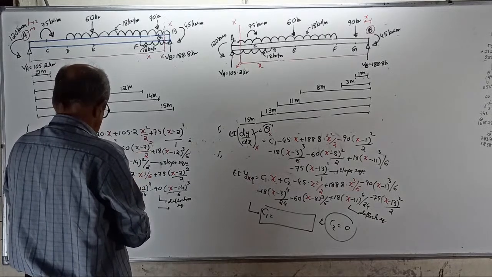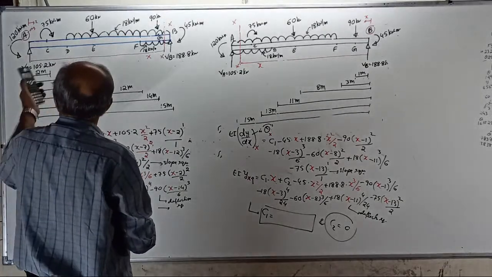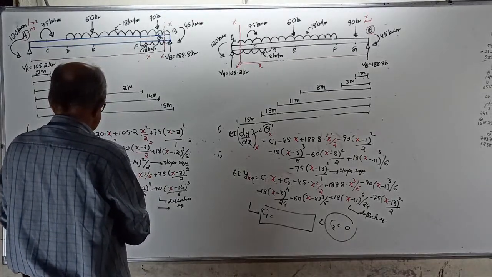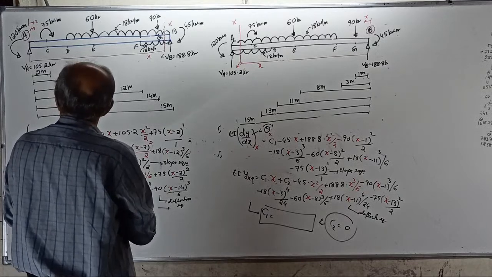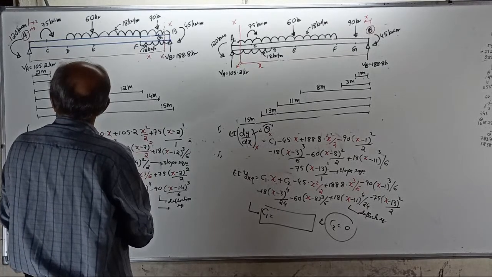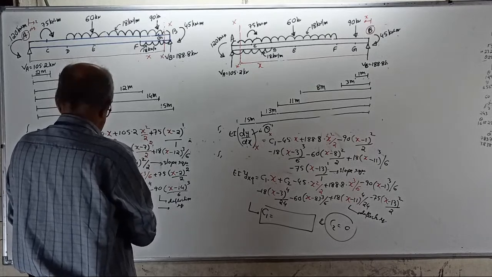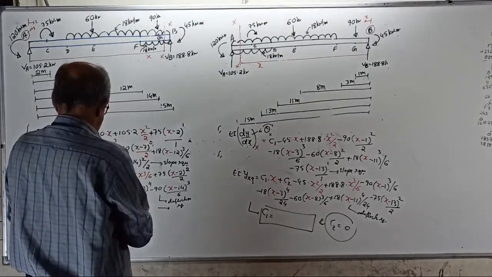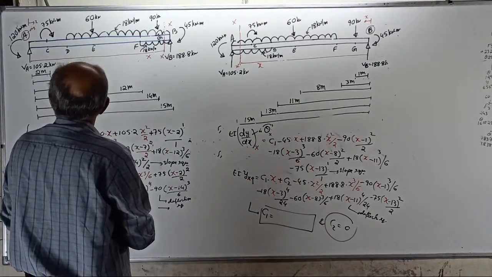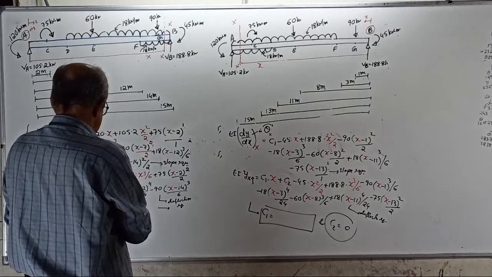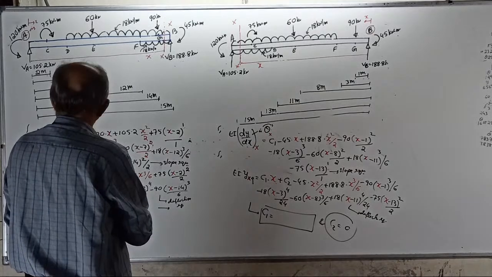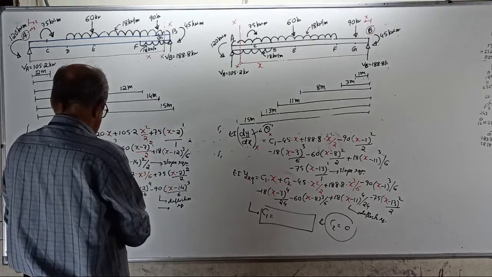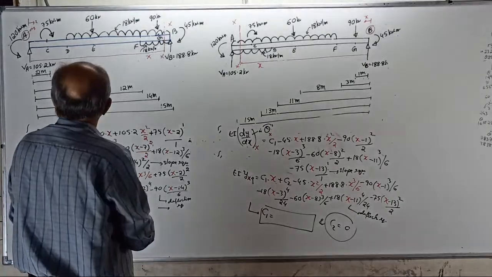Minus 120 into 15 square divided by 2 plus 105.2 into 15 cube divided by 6 plus 75 into (15 minus 2, that is 13) square divided by 2 minus 18 into (15 minus 4, that is 11) power 4 divided by 24 minus 60 into 8 cube divided by 6.